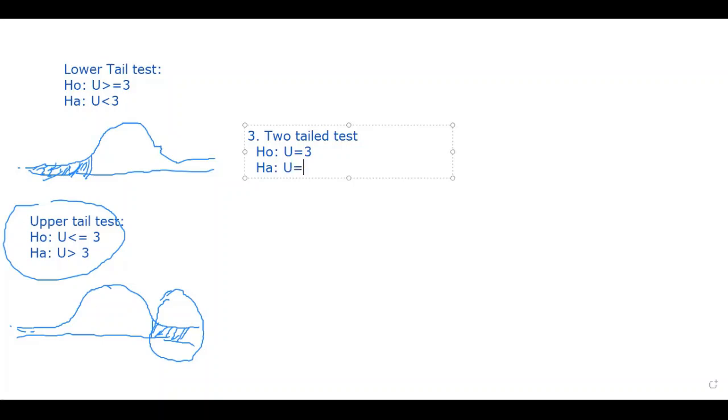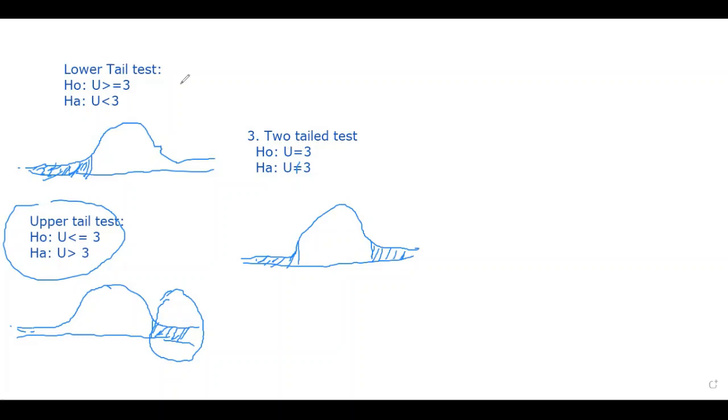Or it will be not equal to what? 3. All right. So as the name implies, two-tail test, it means you are going to get two rejection levels. We are going to get this side, and this side. Right. So I hope everything is clear.